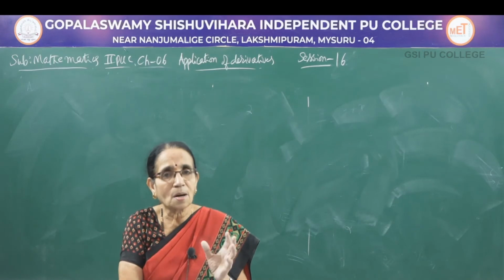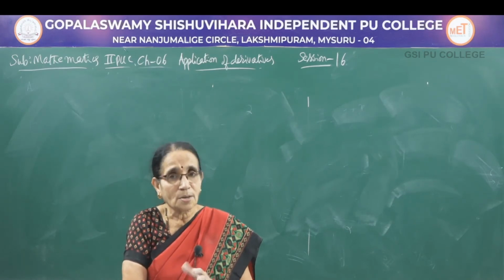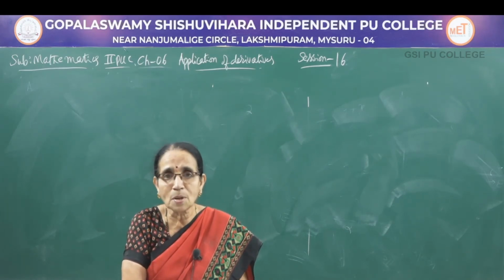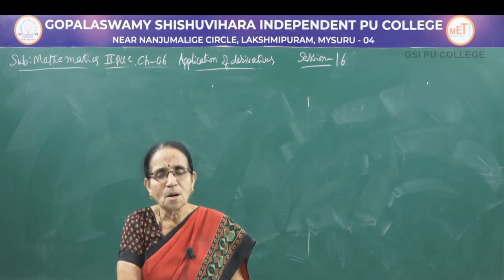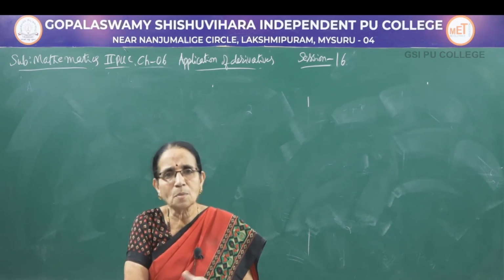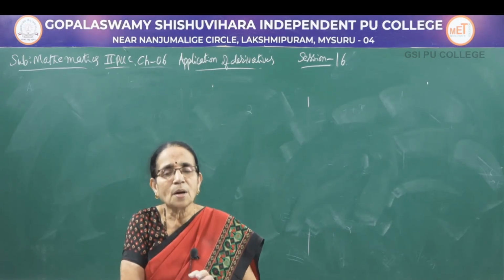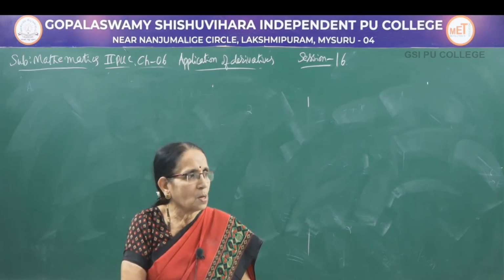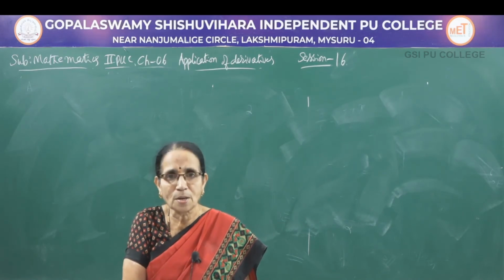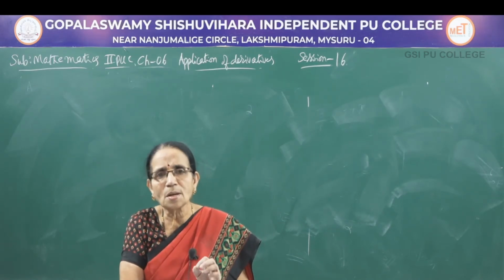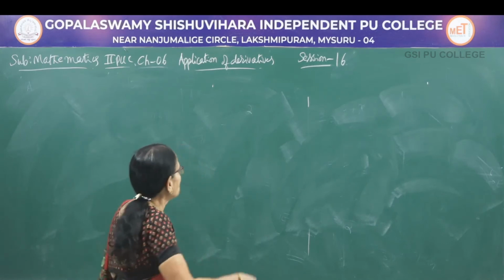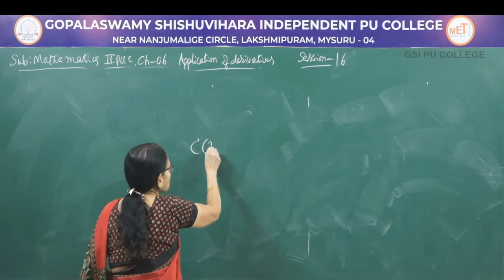And cost means the total cost involved. Of course, cost is of two types, no? One is variable cost, another is fixed cost. Whether the factory runs or not, some expenditure would be there. Therefore, that is called the fixed cost, and the variable cost depends upon how many units have been manufactured. Generally the total cost function is denoted as C of x.